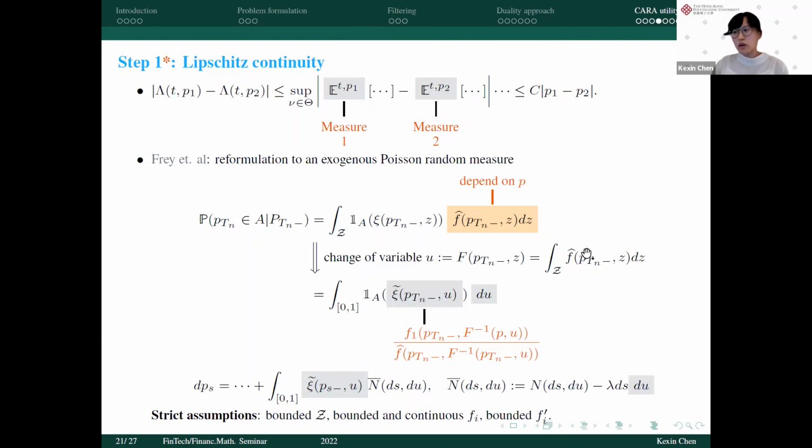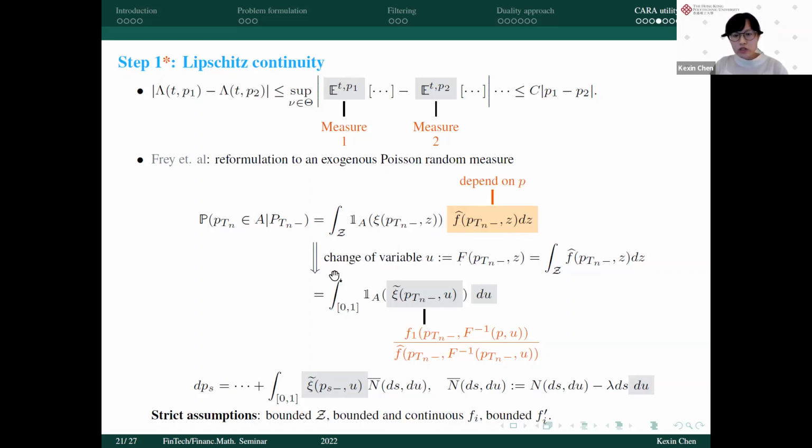To see how it works, we can check that the probability of the original filter process belonging to a certain set A, given the information, is given by this integral form. It is an indicator function multiplying the intensity here.